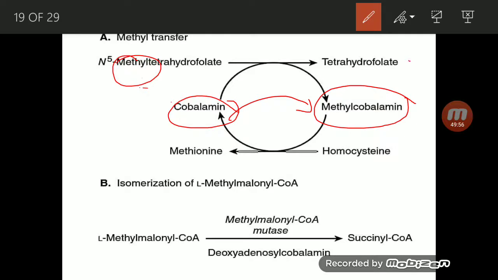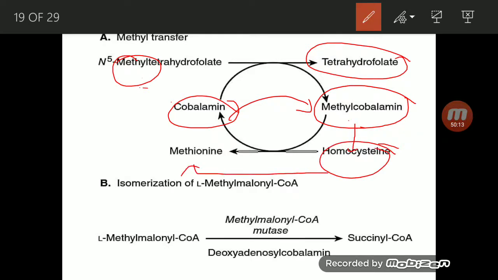On doing so, it forms tetrahydrofolate, which is very important for production of your DNA. Then it transfers this methyl group to your homocysteine to form methionine.